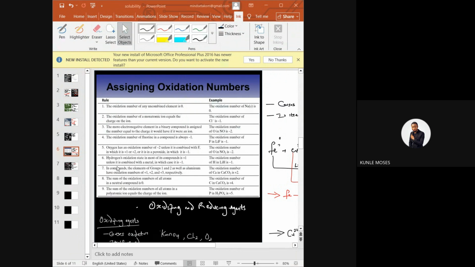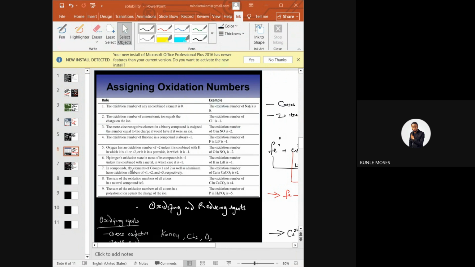Look at this rule here. It says hydrogen oxidation state in most of its compounds is +1, unless it's combined with a metal, in which case it is -1. So it simply means hydrogen is always +1 in most compounds. For example, when you check H2O, what's the oxidation number of hydrogen? Instead of calculating it, you know that hydrogen's oxidation number is +1.